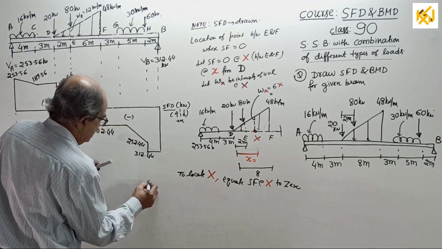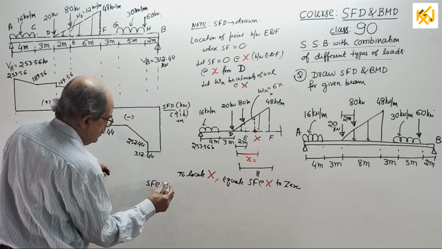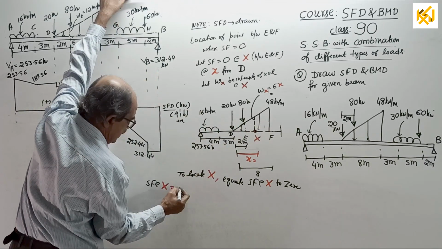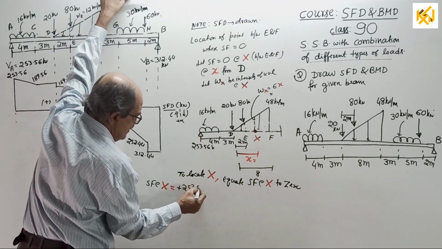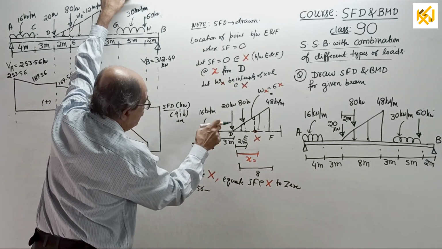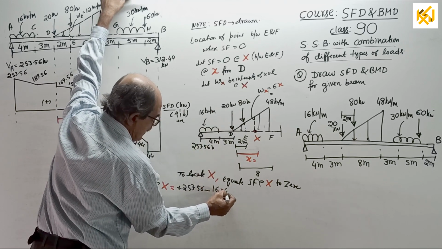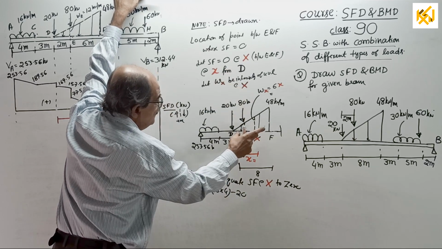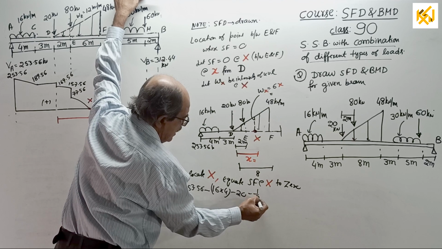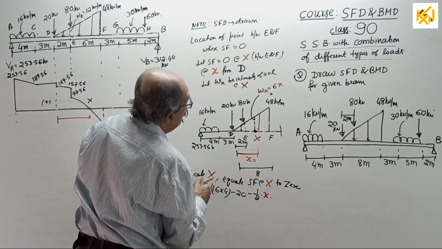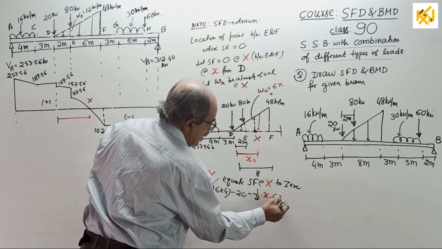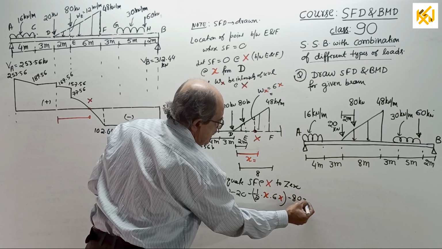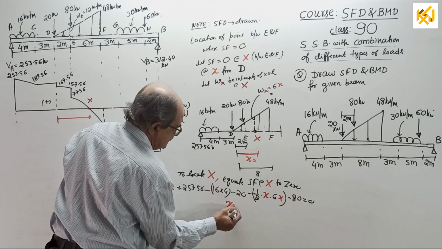So, right here, shear force at X equal to, do one thing, shear force at here you want, look this side, plus 253.56 minus 16 into 4, I will give a further shortcut for you, minus 20, minus this much UVL half into X into 6X, 6X is the UVL, not over, minus 80 equate to 0, you get the value of X.